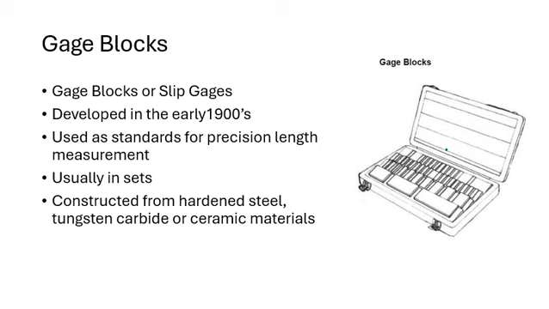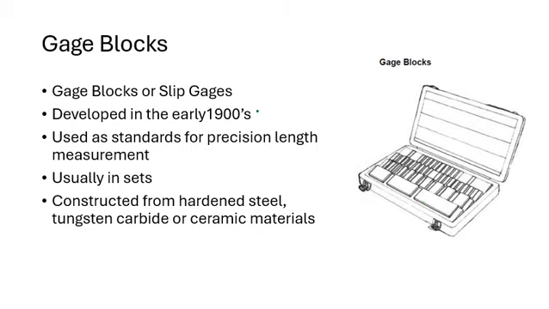We use them as standards for precision length measurement, because we measure to make sure that we're getting the right length. They usually come in sets, and they're constructed from hardened steel, or tungsten carbide, or ceramic materials.